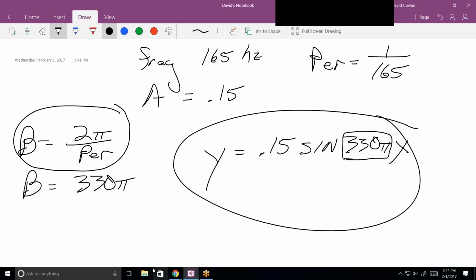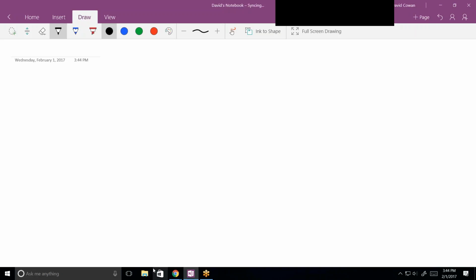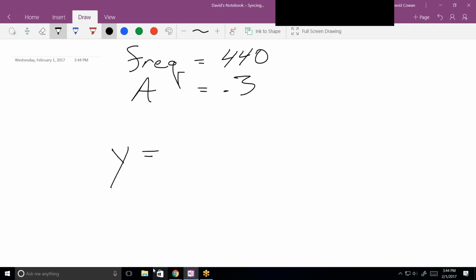The next four questions are the same kind of aspect without the word problem. They give you the frequency and the amplitude, and they just want you to model an equation. The first one is a frequency of 440 and an amplitude of 0.3. What's my function going to be? Your period is going to be 1 over 440.